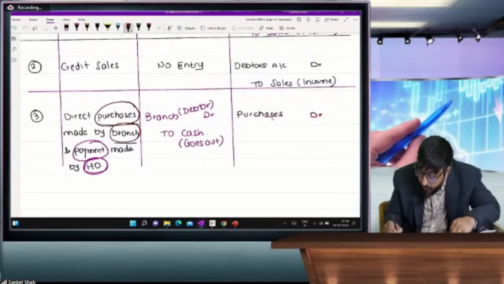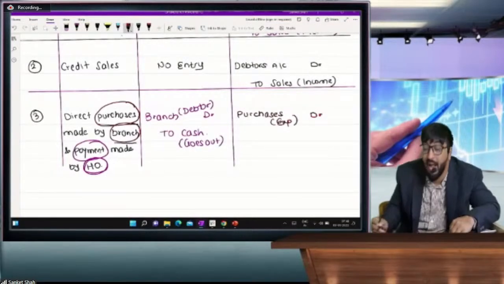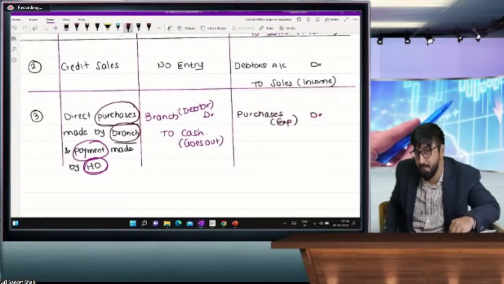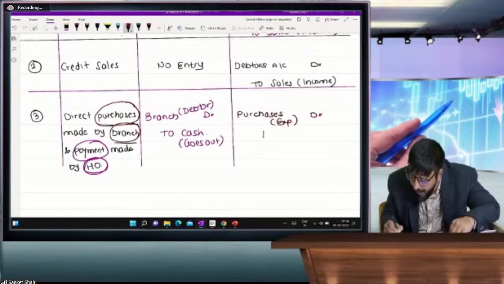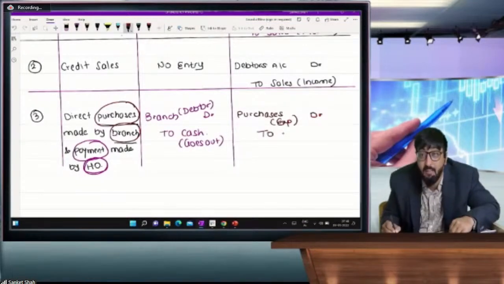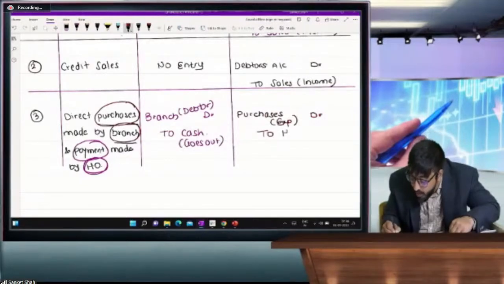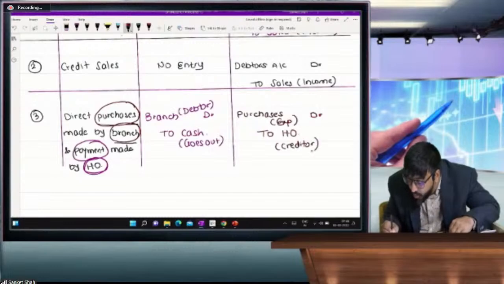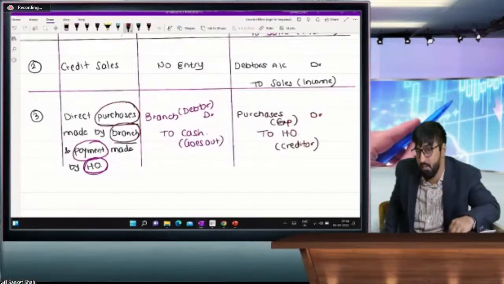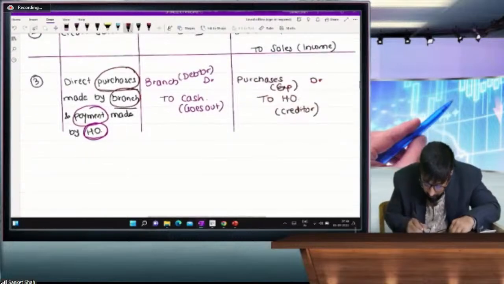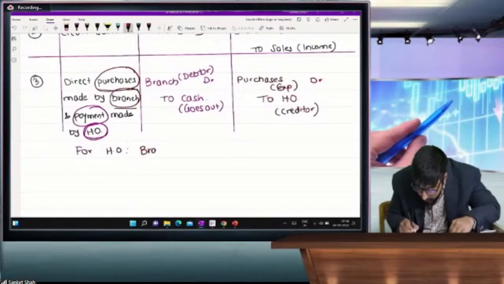And for branch, it is expenses. But to whom branch will pay? Not directly, branch is making a payment. So branch will pay to head office because it is payable to head office. So head office is a creditor. So remember, for HO, in this transaction, branch is debtor.